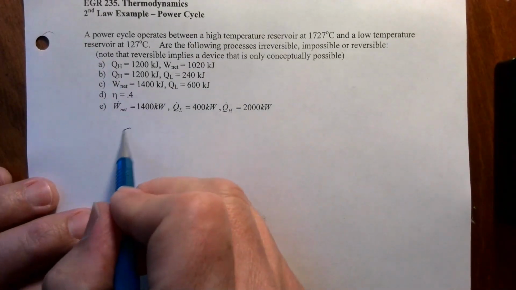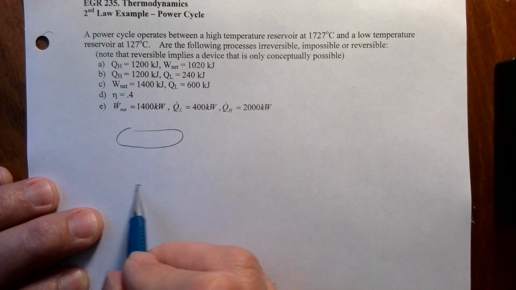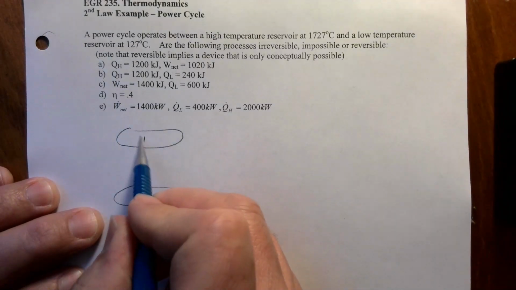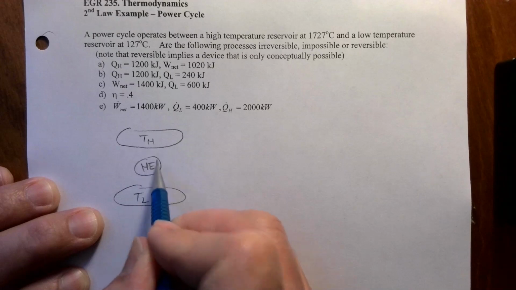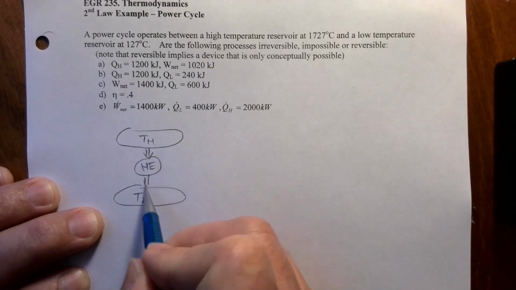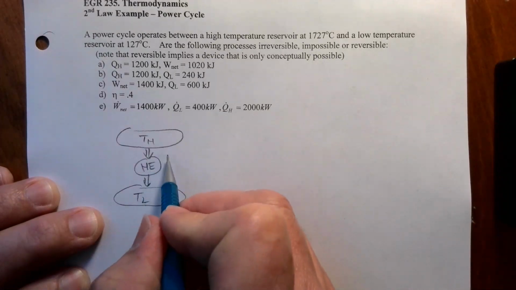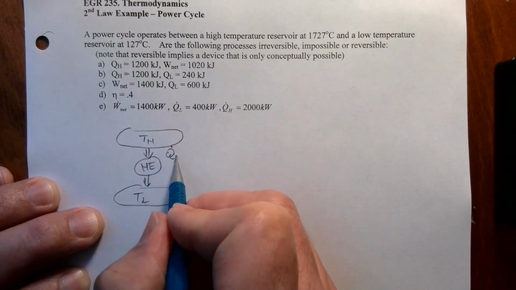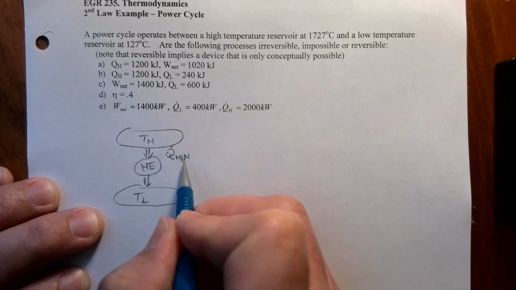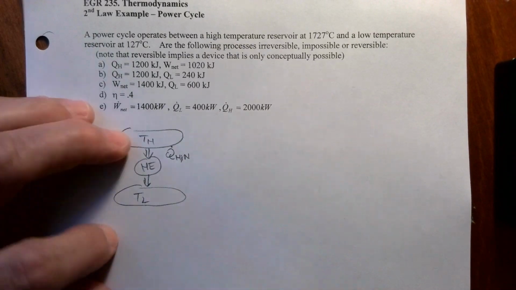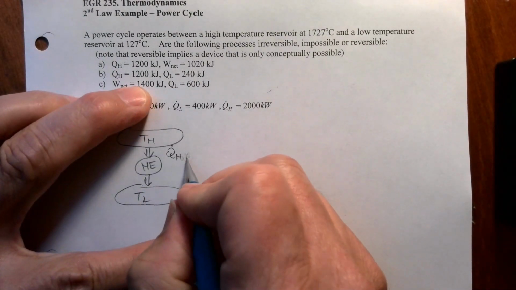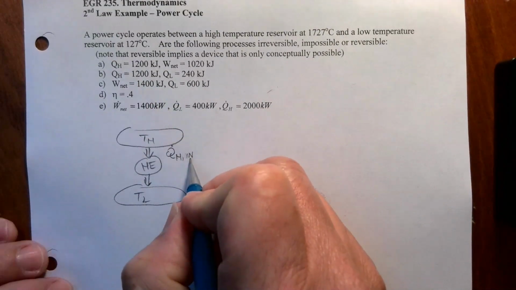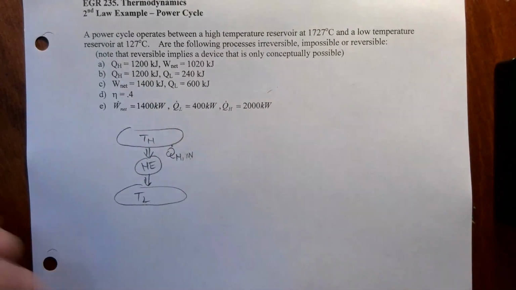Okay, so let's make a little schematic. This is TH and then TL, and there's a heat engine. Energy is brought in from the high temperature reservoir, so I'll put a little subscript H, and I'll also put the word in there to recognize its direction. It's coming in.